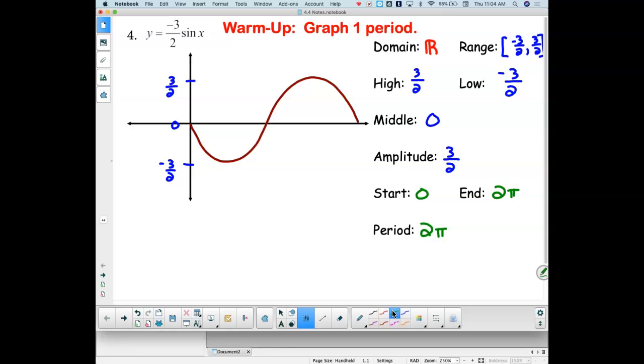Start and end are on horizontally, but then we also cut it in half, cut it in half, cut it in half. 3/2. Good? Love it. Okay? So that's what we were doing right before break.